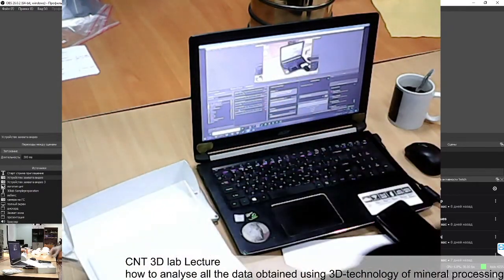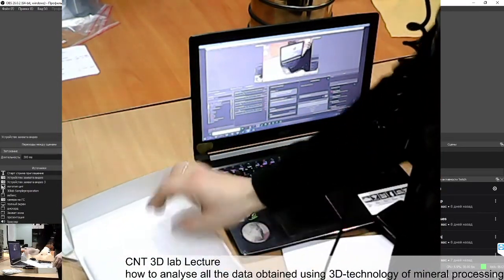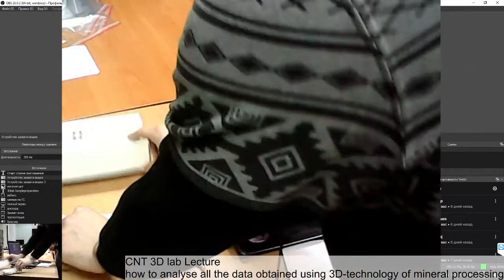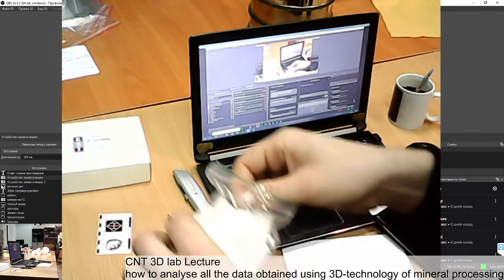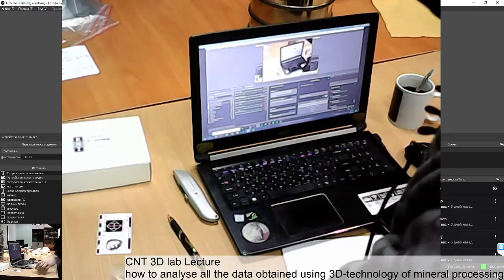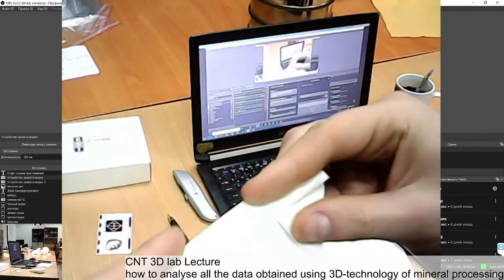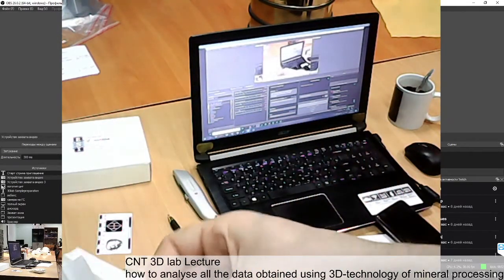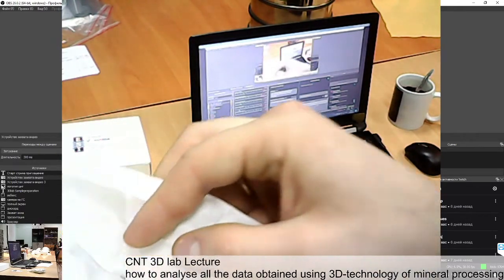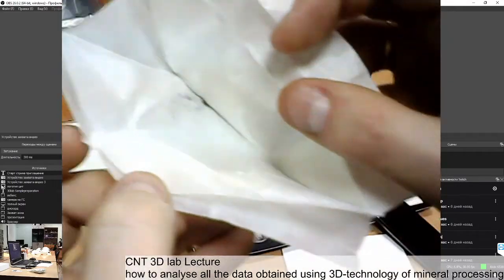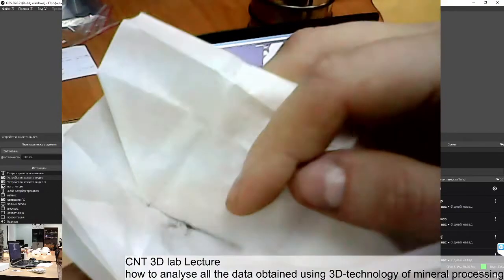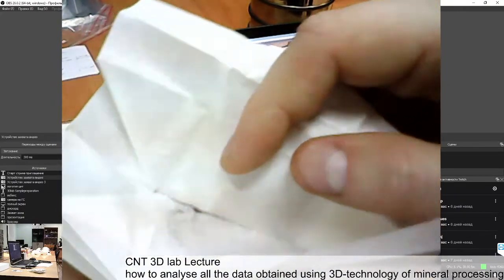But this time we just made hand picking, and we'll return that to the client, as they want to analyze these grains with isotope methods, with gas isotope methods.